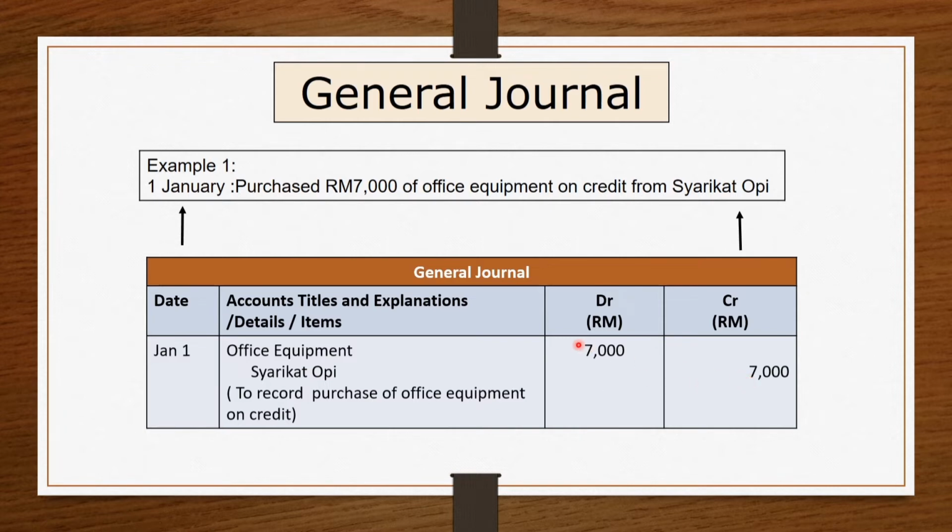We can see that in the double entry system, we must record one account for the debit side and another account for the credit side. And we must write down the narration. So the narration is to record purchase of office equipment on credit. So this is the example or the format for general journal.